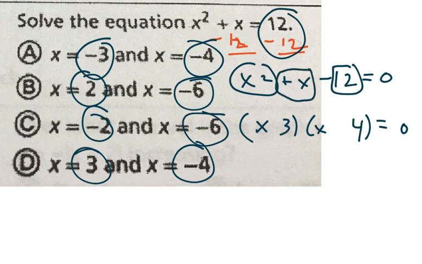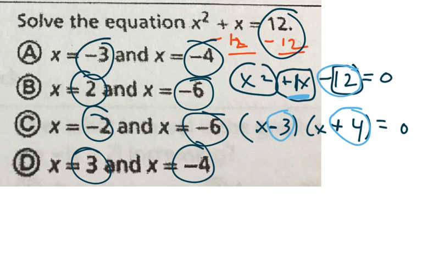Now, I want a plus 1x in the middle, so I'm going to do a plus 4 and a minus 3. Again, this plus 4 minus 3 does make a positive 1 when added together. That's what we wanted. And, of course, a positive 4 times negative 3 gives us our negative 12.